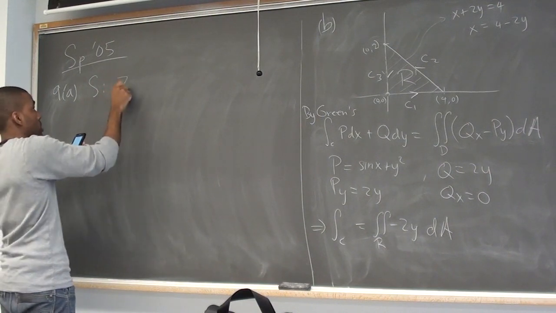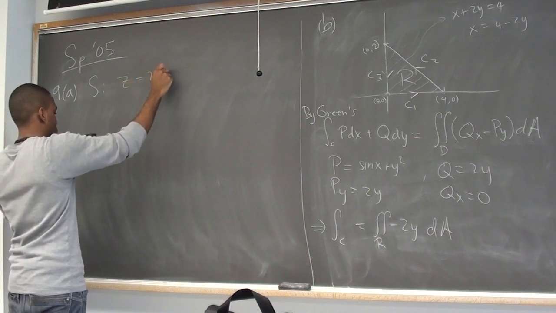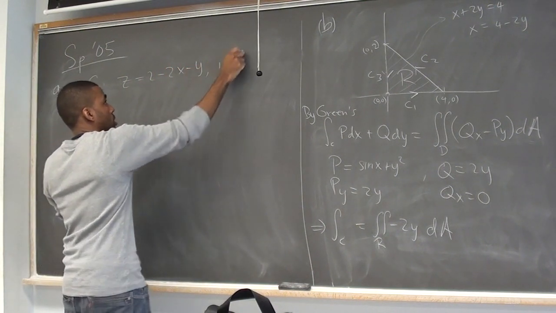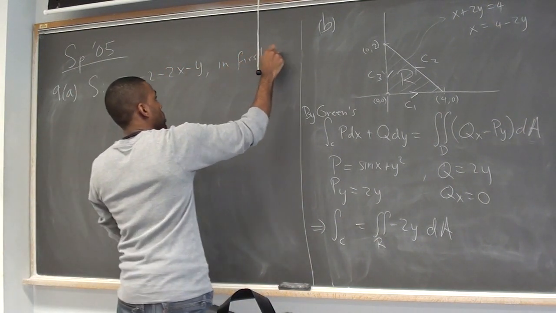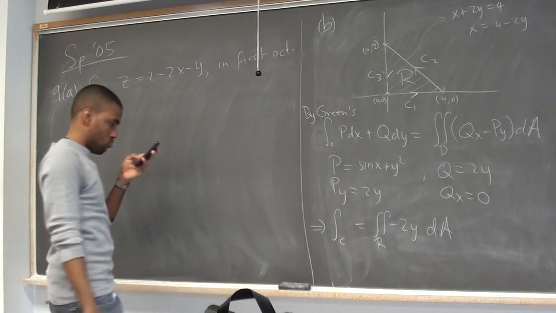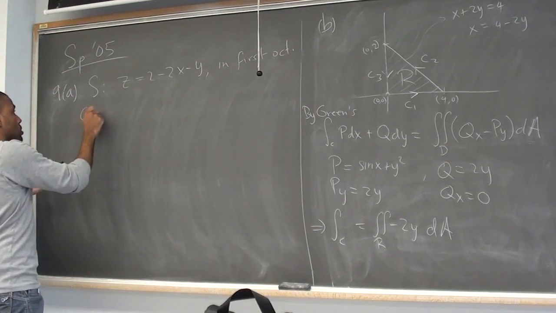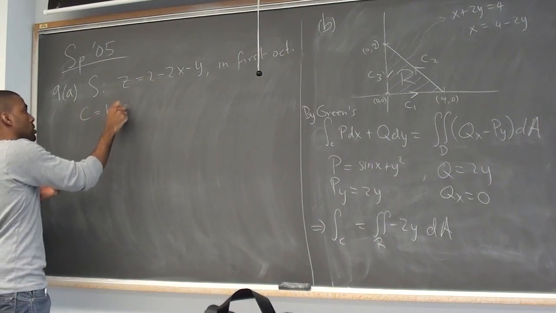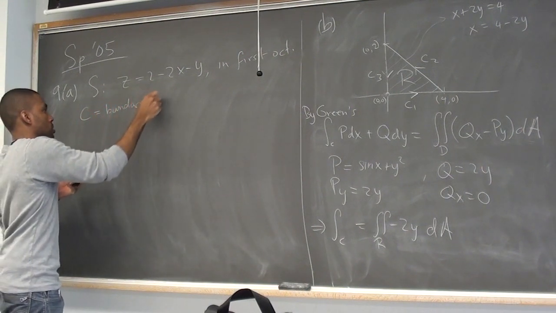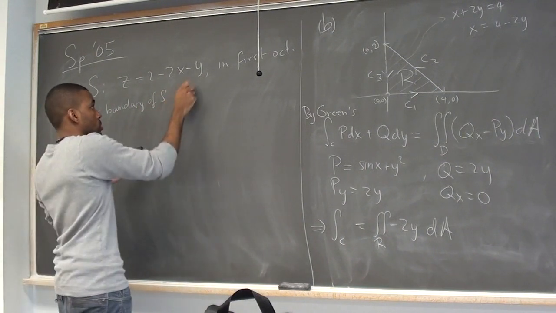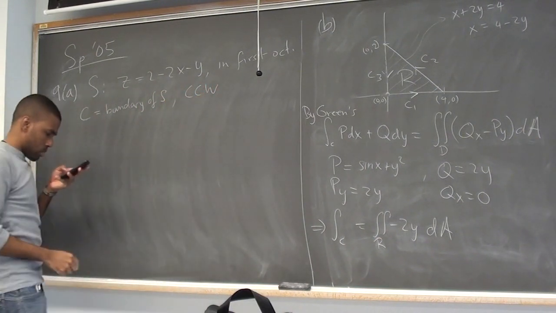S is the part of the plane z equals 2 minus x minus y. C, the boundary of S, is oriented clockwise.